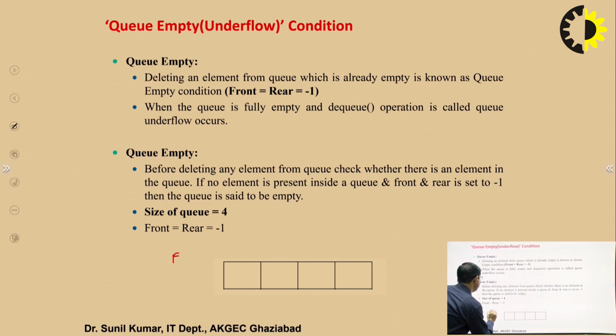Initially, front equal to minus 1 equal to rear. Initially, the front and rear will be minus 1. And if there is no element and we are trying to delete an element, that is the condition of underflow.